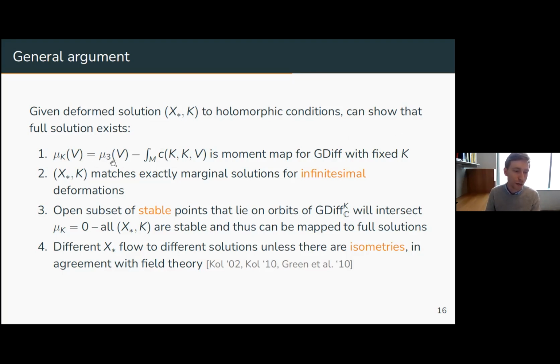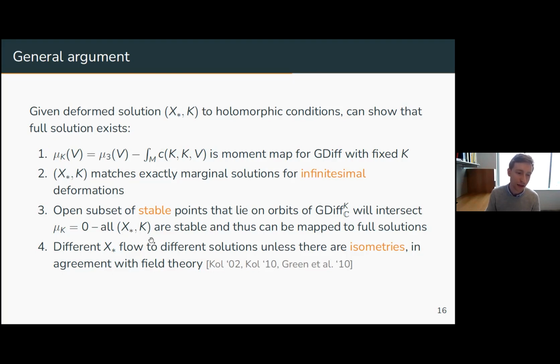This shifted moment map here is just the moment map for diffeomorphisms and gauge transformations, but now with fixed K. To linear order, the exact solution X star to these holomorphic conditions matches the infinitesimal exactly marginal solutions that one can find perturbatively. And this then implies that there is an open subset of stable points that lie on orbits under the action of the complexified group that will intersect the surface where this moment map vanishes, and this guarantees you have a full solution.